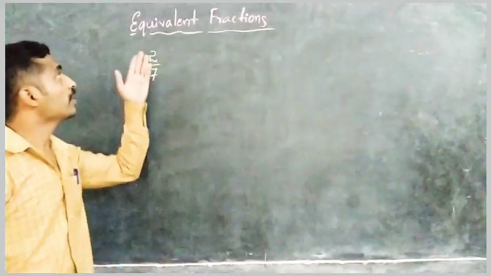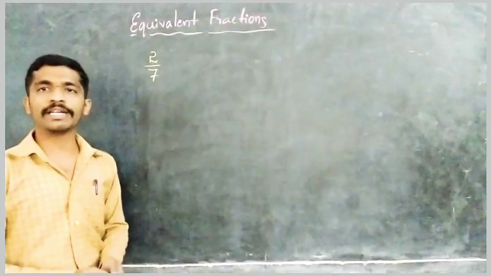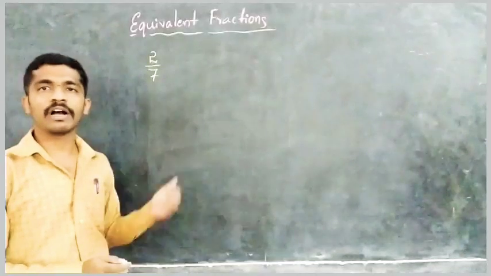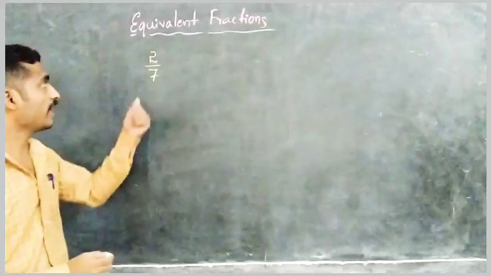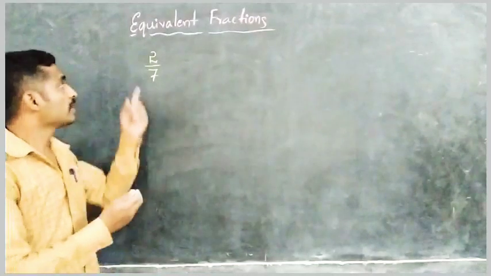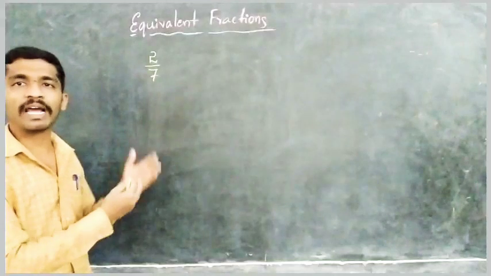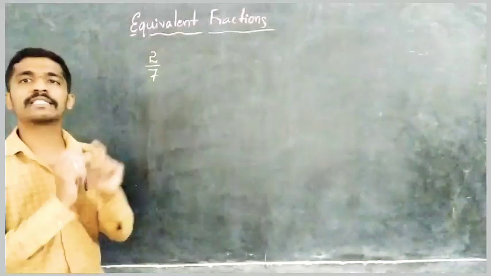Next concept is equivalent fractions. You may be asked to write equivalent fractions of a given fraction. Here I am taking 2 by 7. How to write the equivalent fractions? You have to multiply the numerator and denominator by the same number.